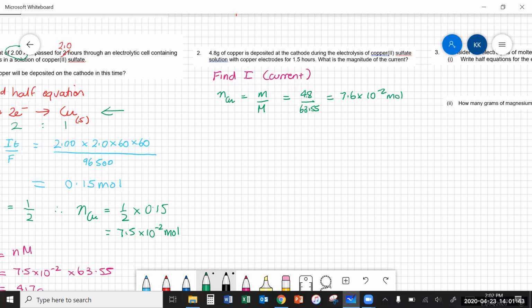Right, now to find the moles of electrons, we just use that mole ratio from the equation. So our moles of electrons over our moles of copper, remember always put your unknown on the top, is equal to 2/1. So the moles of electrons will be equal to double the moles of copper, which comes out to be, not surprisingly, 0.15 moles.